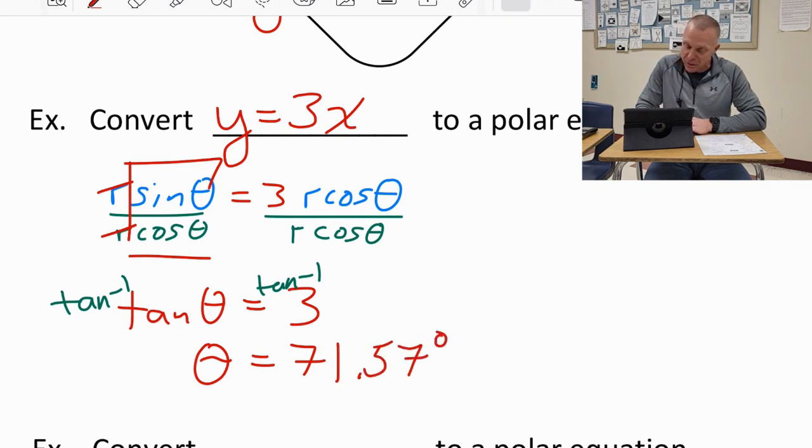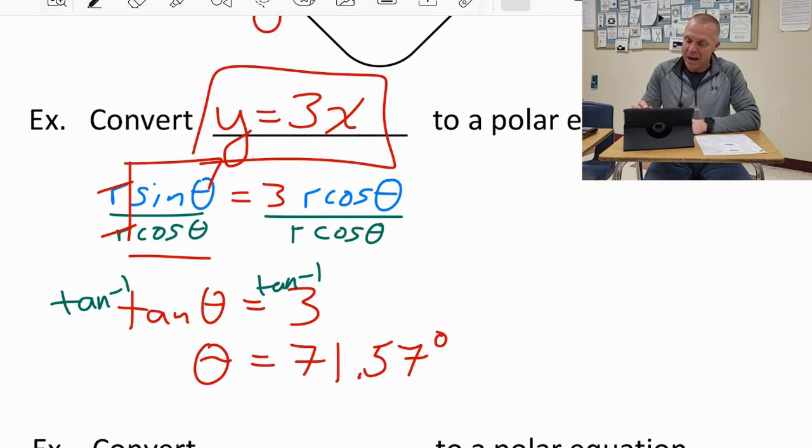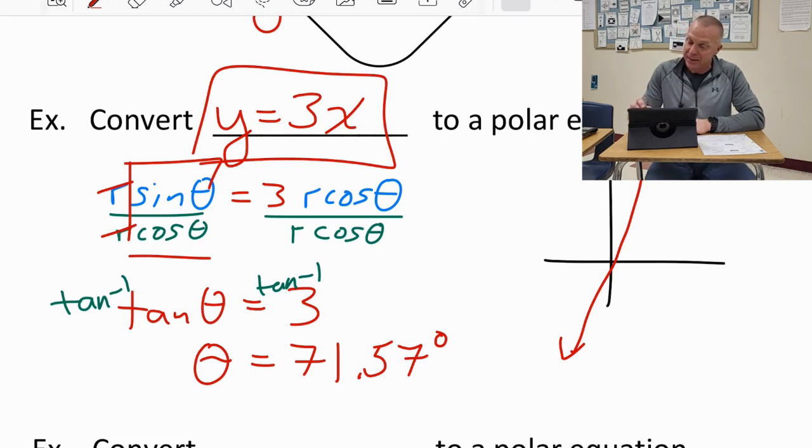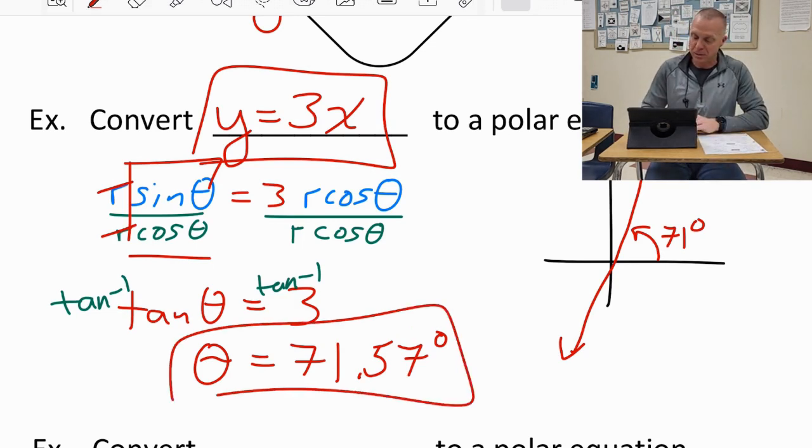And if you think about it, y equals 3x from the beginning was a line. It was a line that had a slope of 3. And if you think about it, 71 degrees, where theta equals 71 degrees, is also a line that matches perfectly. So we converted a diagonal line, that is a line that has a slope, to be an angle.